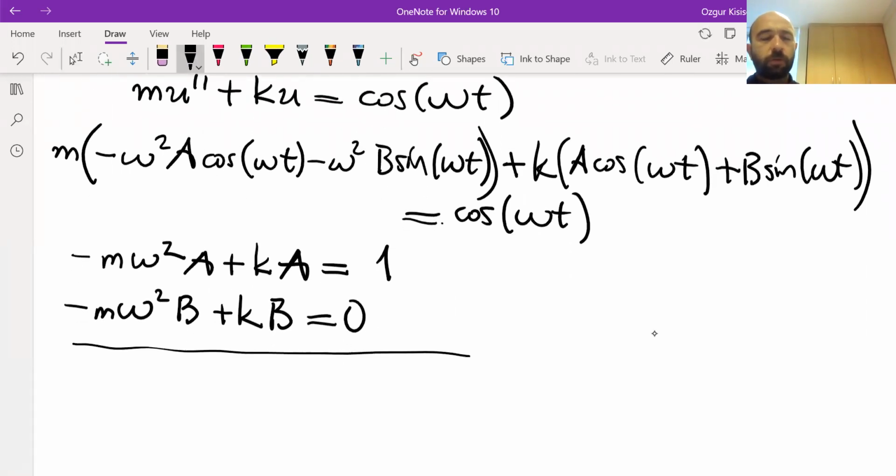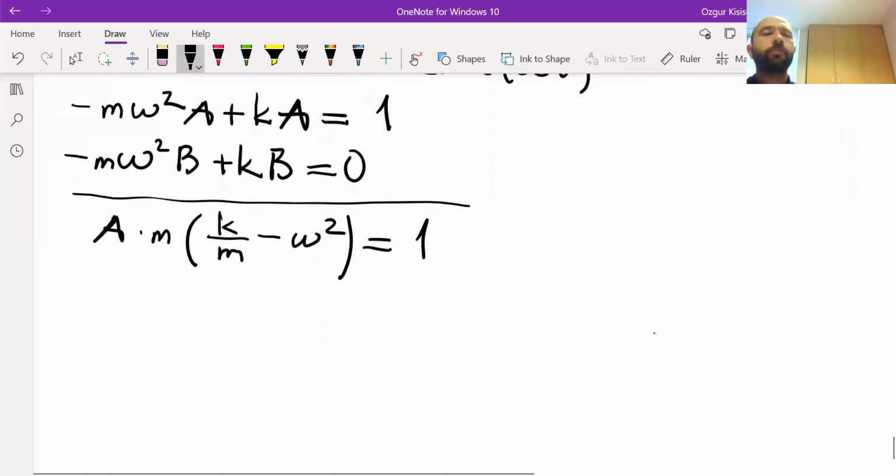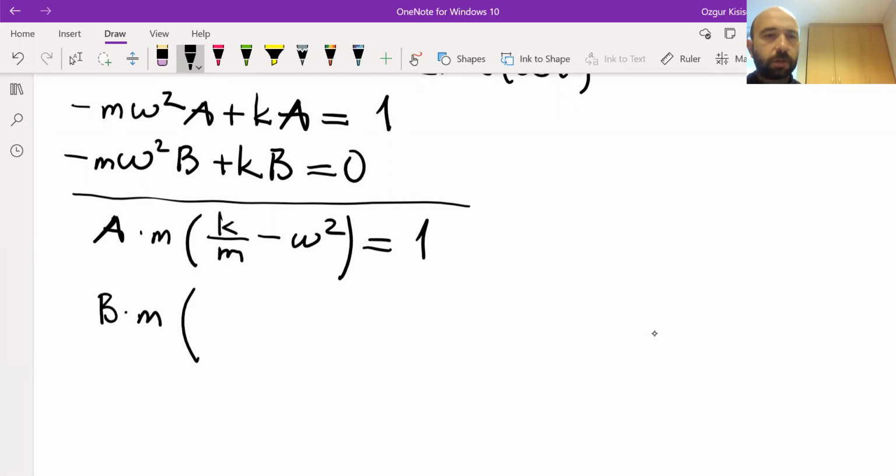Now, we can write them slightly differently. So a times m times, well, what is left? It's going to be k over m minus omega squared is equal to 1. And b times m times k over m minus omega squared equals 0.